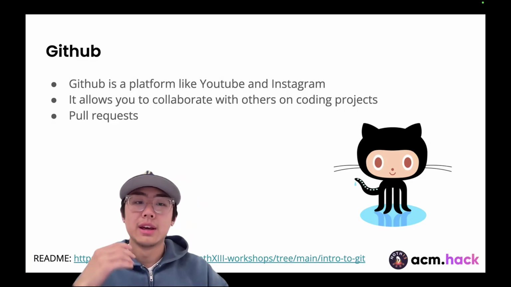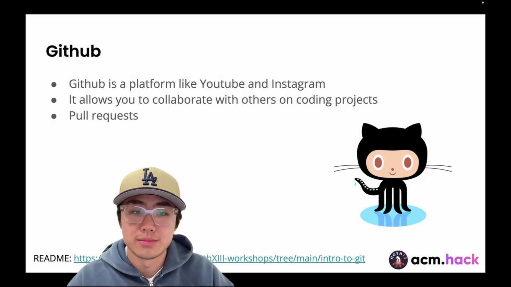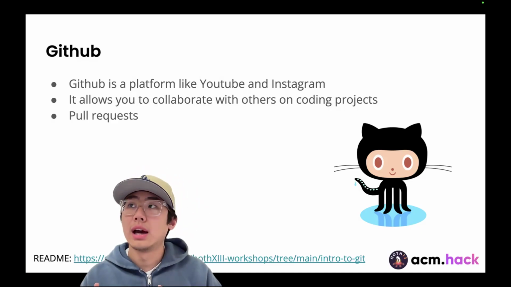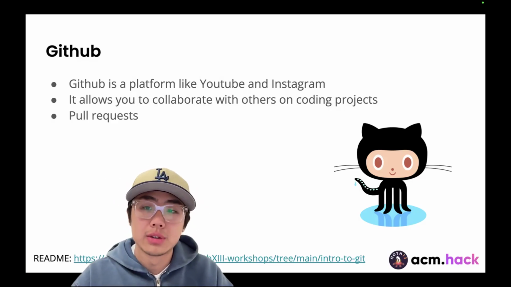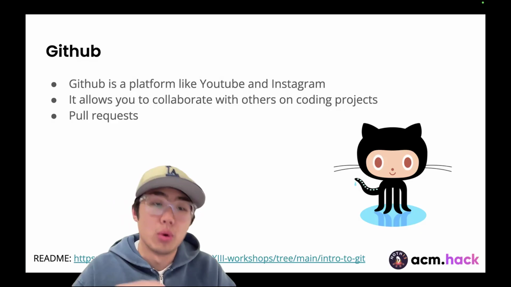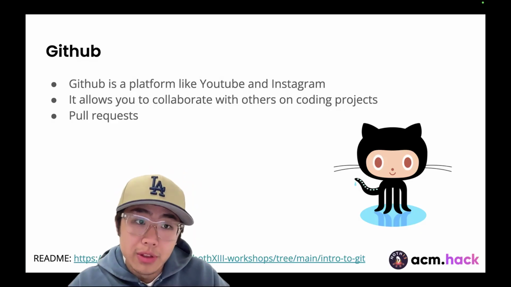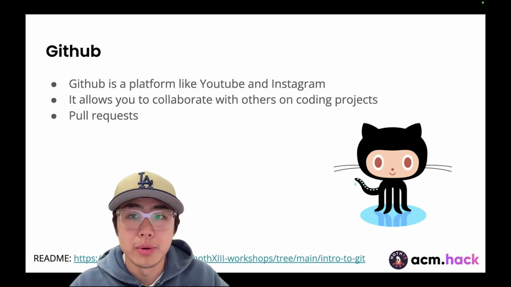So it's basically a way for you to request changes into someone else's project. Pull request is, I want the owner of the project to pull my changes, right? Pull my changes.